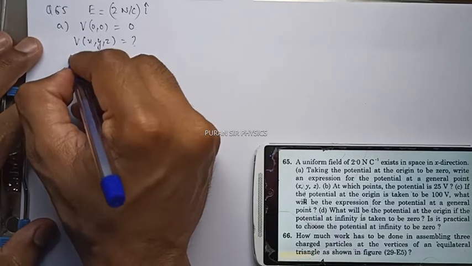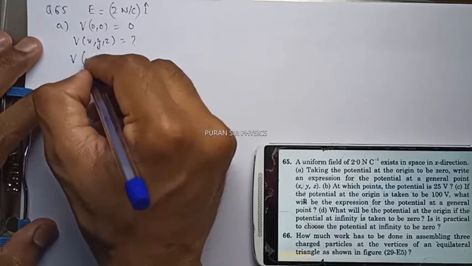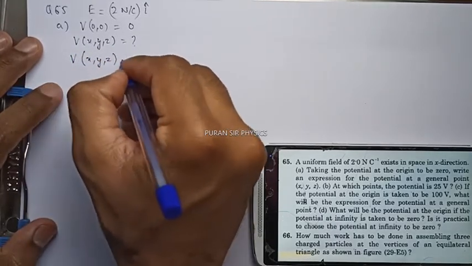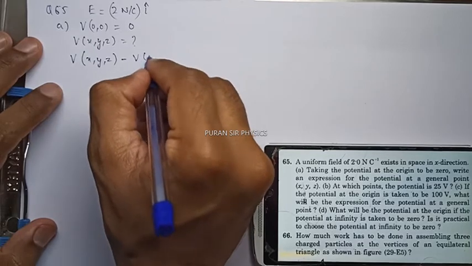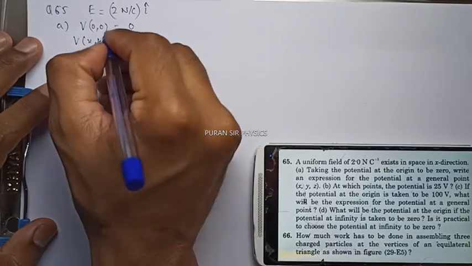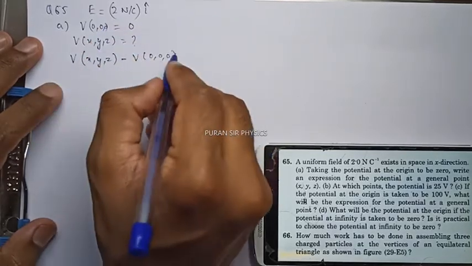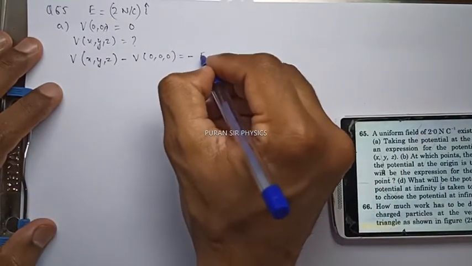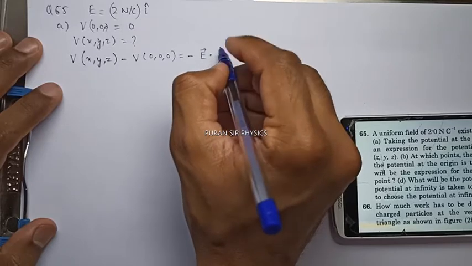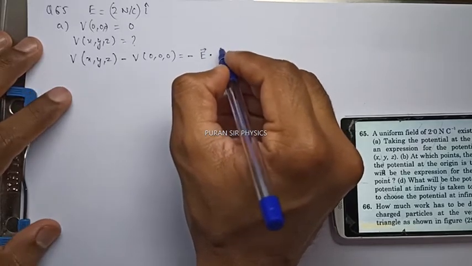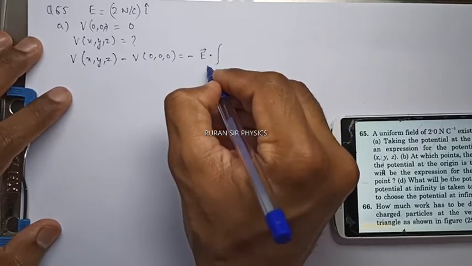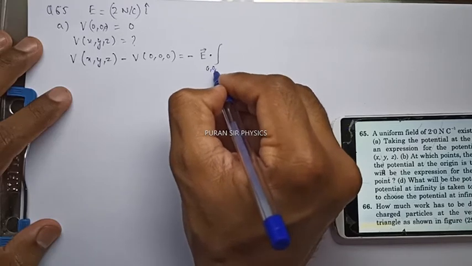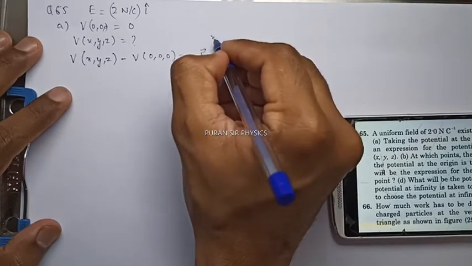So here we can apply potential at a general point and potential at the origin. This thing will be negative E dot dr from 0, 0, 0 to x, y, z.